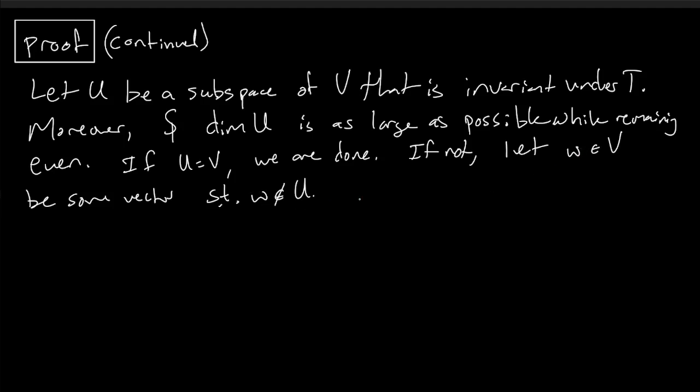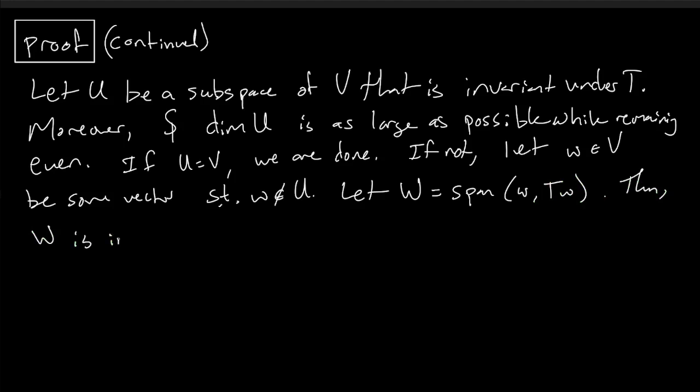All right, let's let big W be the span of little w and Tw. Then W is invariant under T. Why? Here's the trick of it. If I apply T to w, then I'll certainly get back Tw, so that's in there. Now if I apply T to Tw, let's see what happens.